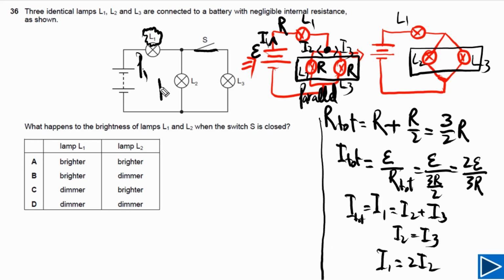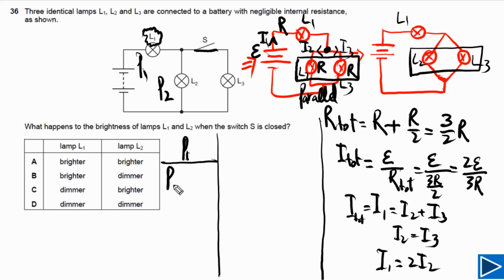we can also calculate the power of lamp 2. Let's try to calculate P1 first. P1 means the power of lamp 1.